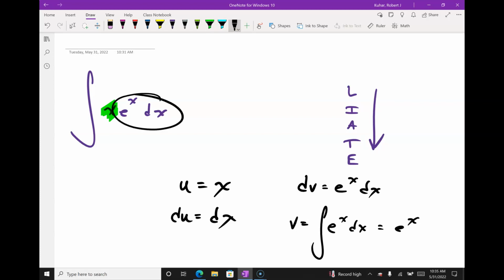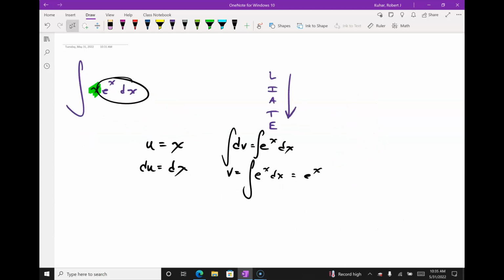Everything else is dv. Then I integrated, so the integral of dv is just v. It's weird at first, but you'll get used to it real quick. These aren't difficult. The trig substitutions are difficult.